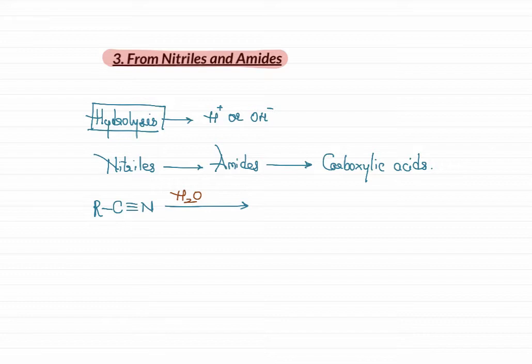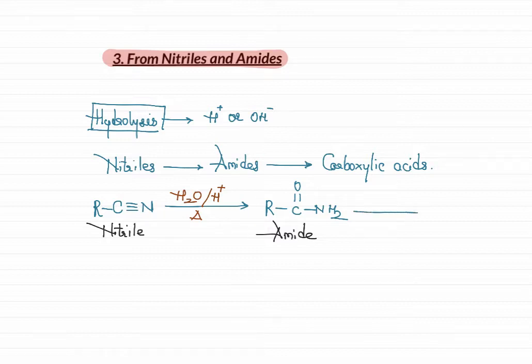Suppose you start with H2O in presence of H plus, let's say, and heat. The first primary product that you get is RCONH2. This is a nitrile forming an amide. And this amide would further get hydrolyzed.